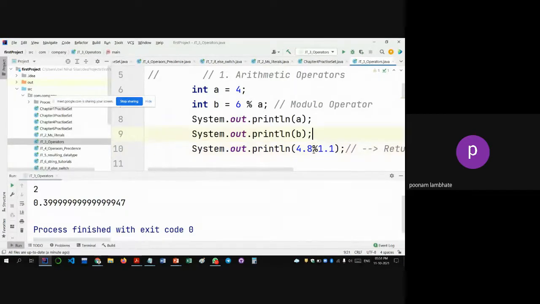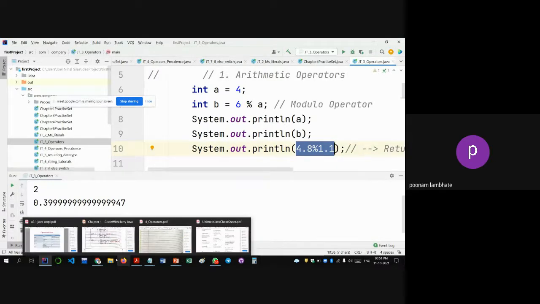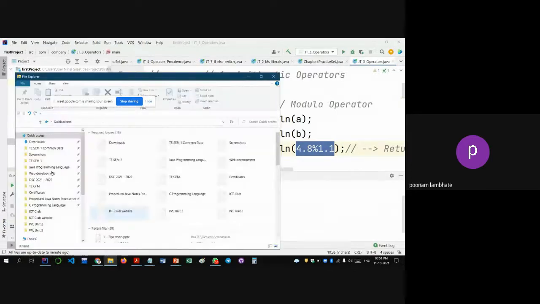Because everything should be in the float, fractional value. Now I'm saying float, but by default, the value is considered as a double value. Why? Because double has higher precision than float. If I want to show you the difference between float and double, just a minute.